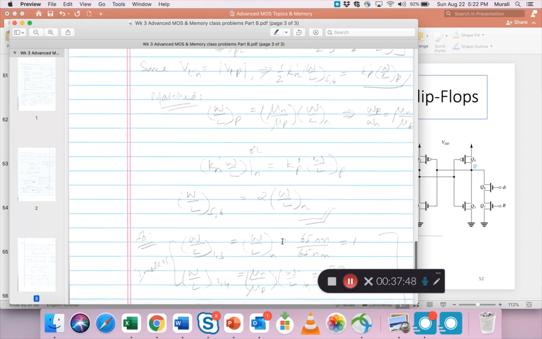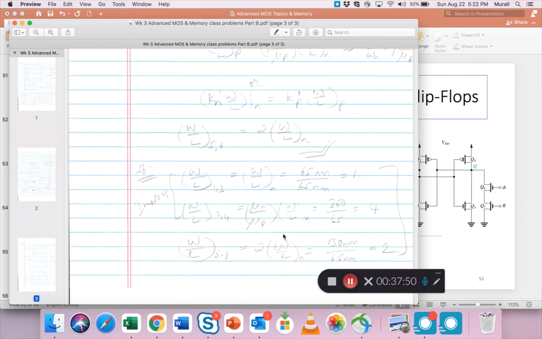Okay. The next part of the problem gives us these values. W by L 1 by 3, which is W by L N, is 65 by 65, which is 1.